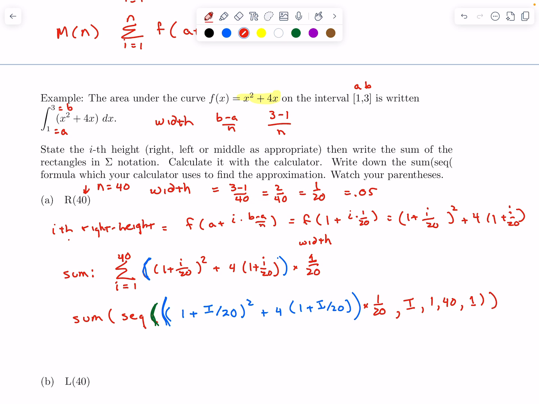So this is the close the sequence parentheses, and then let's even do more colors. Parentheses here. So notice, just to make sure you understand, when you get to your calculator, this all is what comes under expression, EXPR.